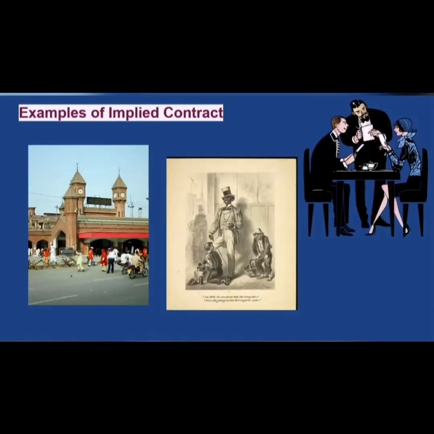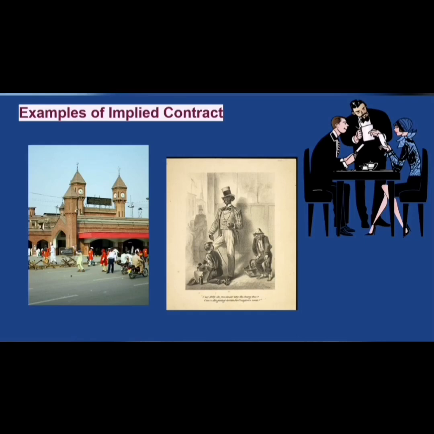Here are a few examples. On your screen, left hand side, a picture of a railway platform. In the middle a picture of a shoe shiner boy, and on the right hand side a picture of a restaurant.